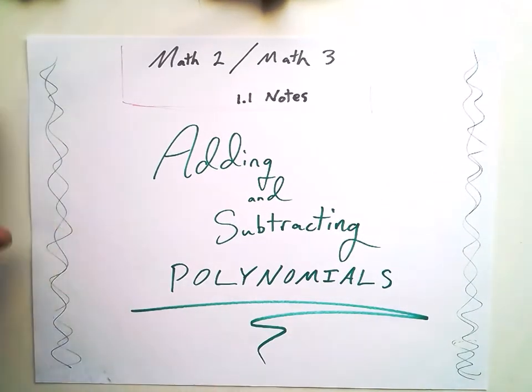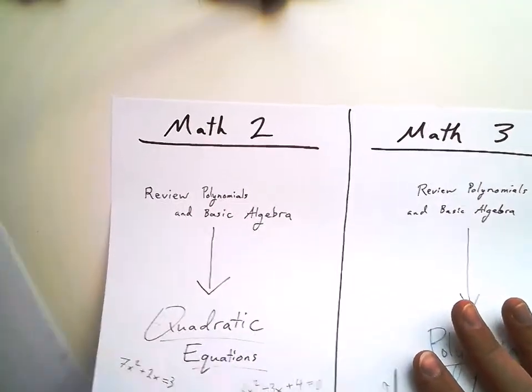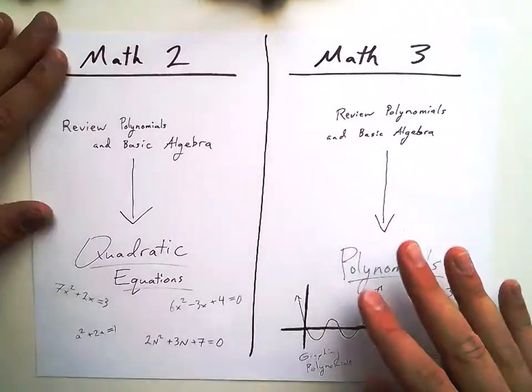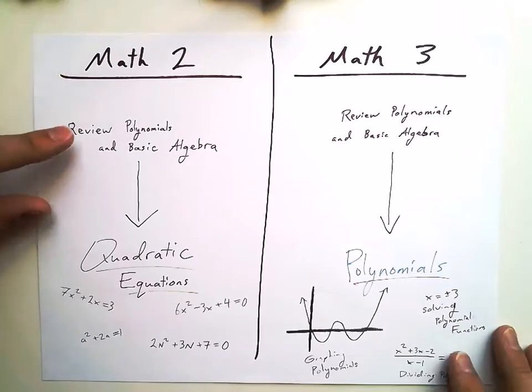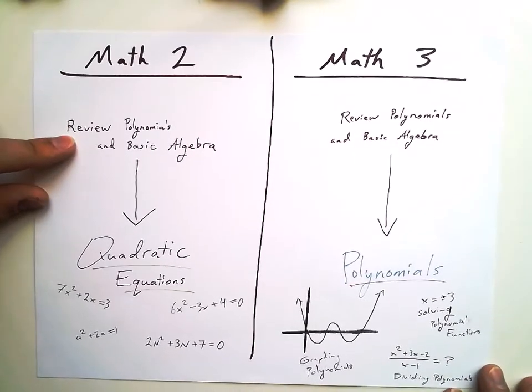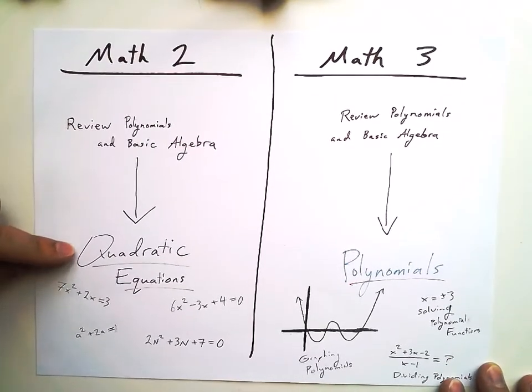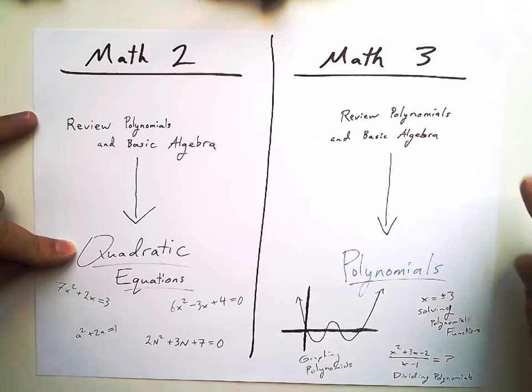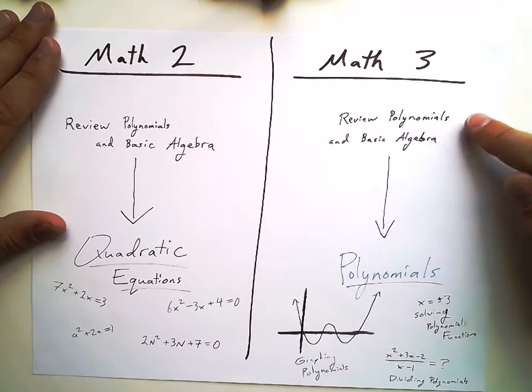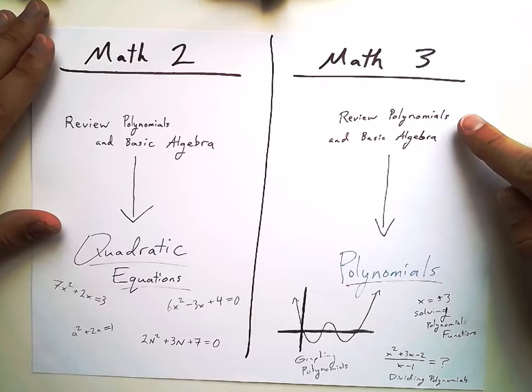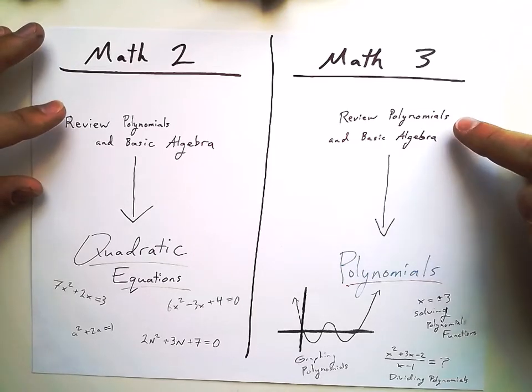So where we're going with this is for Math 2, we're going to review the basic adding and subtracting polynomials, then we're going to get into quadratic equations. For Math 3, we're going to review that same stuff, adding, subtracting, multiplying polynomials.